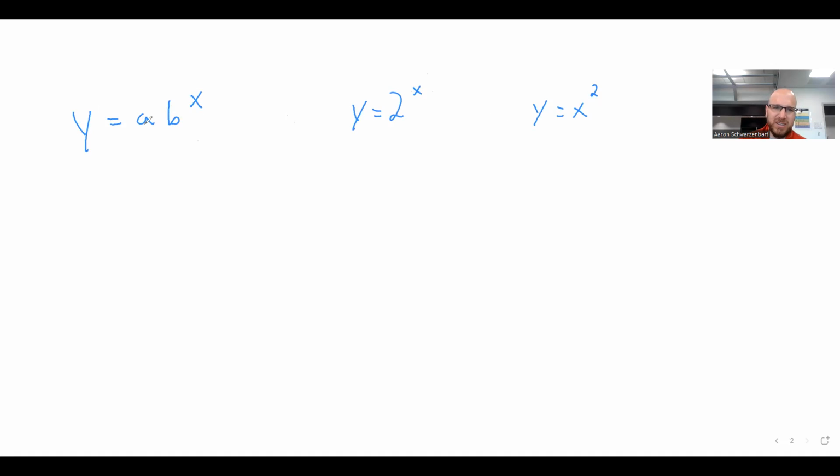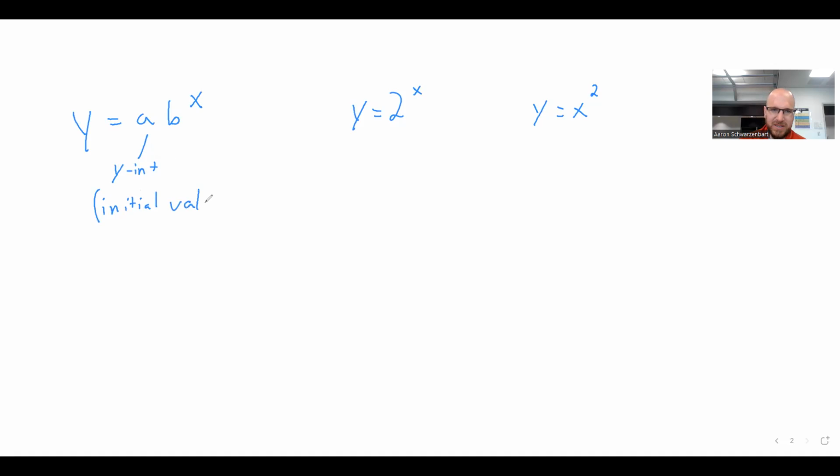They follow this general form y equals ab to the x, where a, if there's no shifts or translations, like we've talked about shifts and translations up, down, left, right on our absolute value functions, if there aren't any of those, this is the y-intercept. In word problems, they'll talk about it being the initial value.